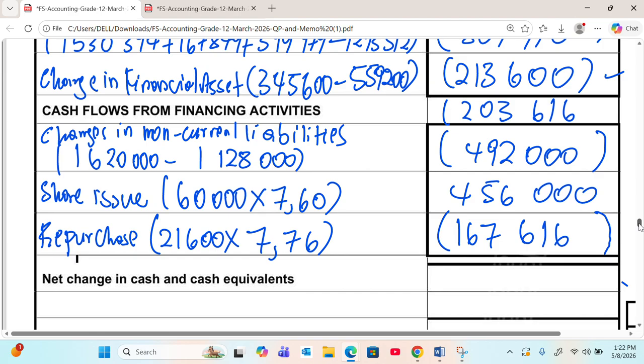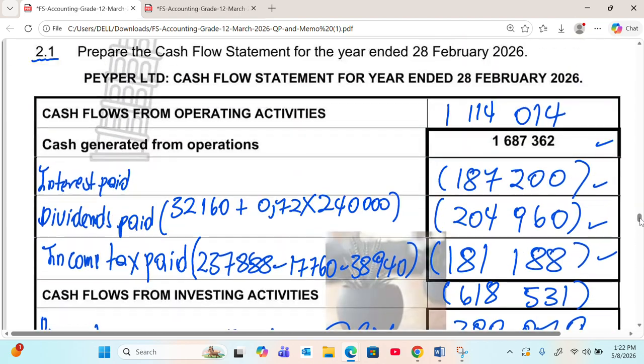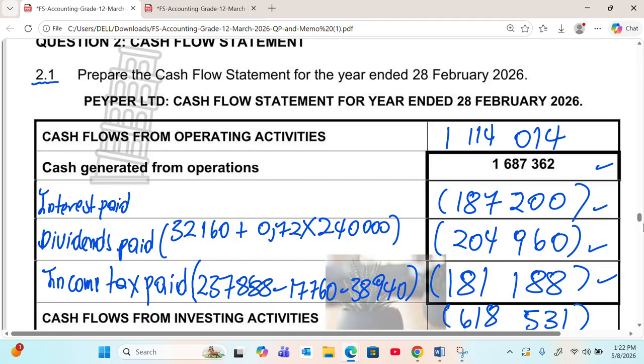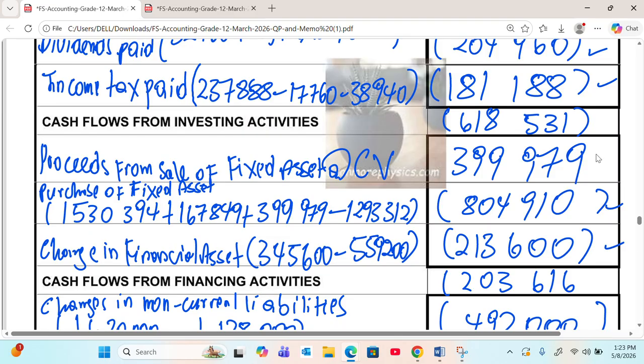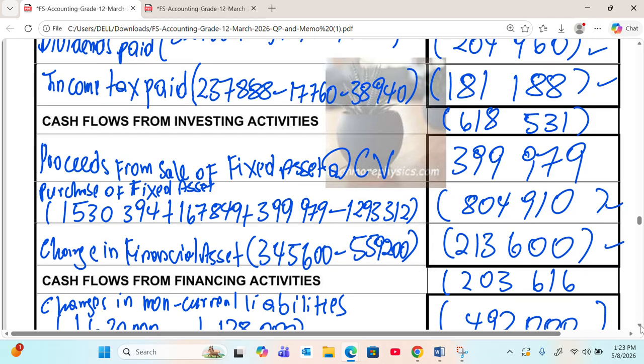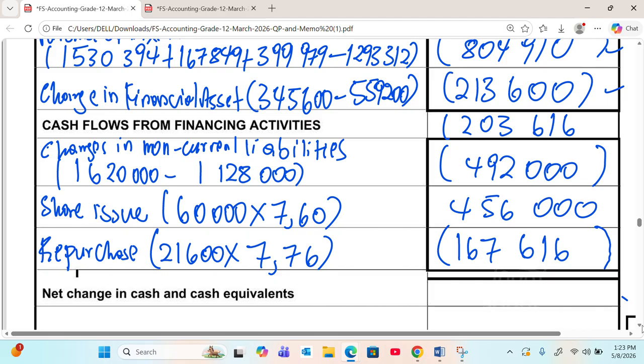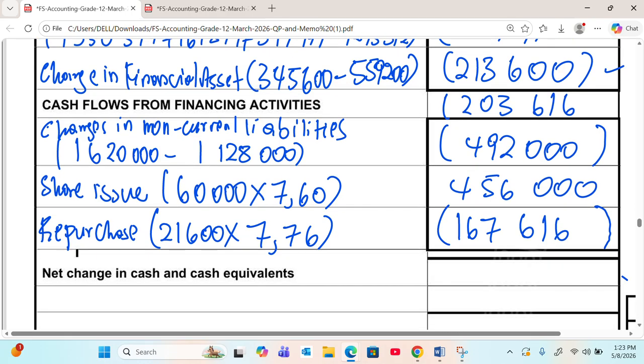Net change in cash and cash equivalent. Please take that figure from cash flows from operating activities, 1 million. It is positive 1,114,014 minus the outflow from cash flows from investing activities, and then you minus the cash flows from financing activities.